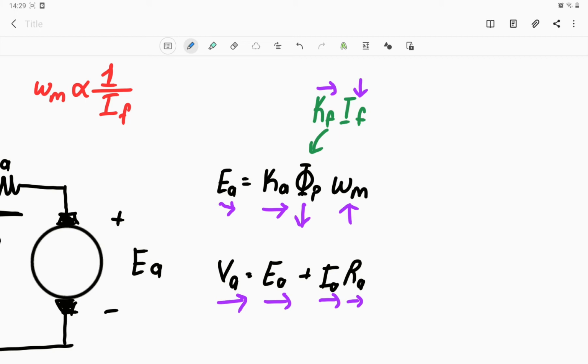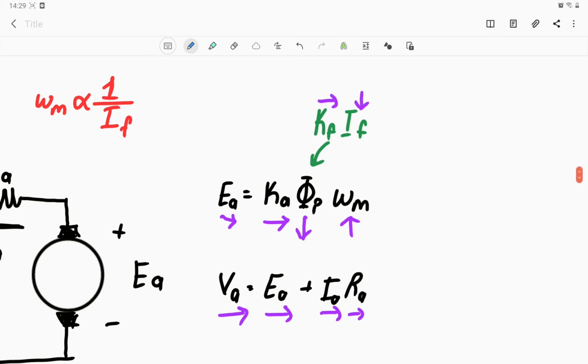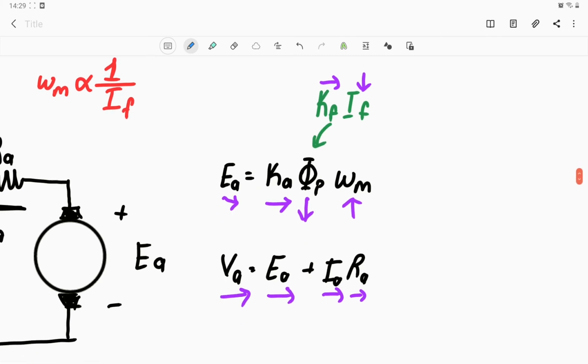When we decrease the field current, we can understand that the flux is decreased. And I should also add that the armature constant is always the same.